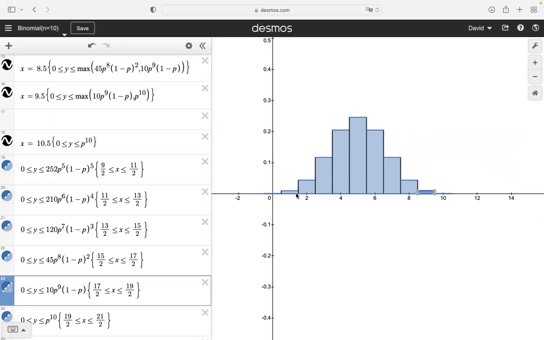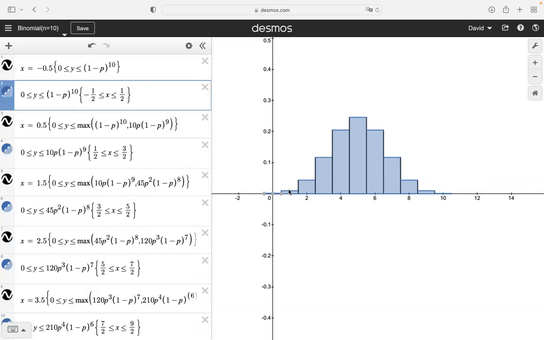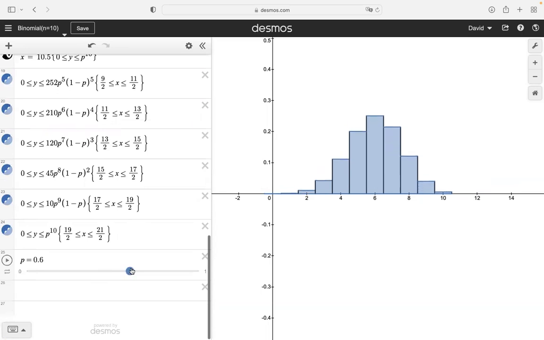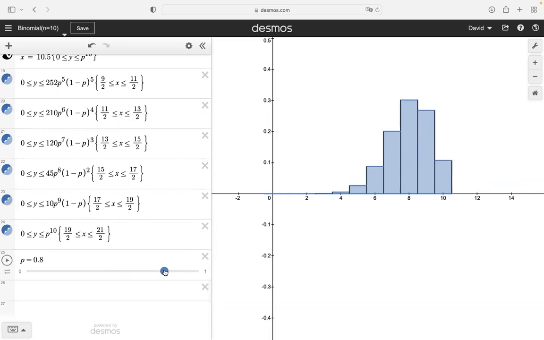And so we can ask, what's the probability that some event happens 0 or 1 or 2 times, and you can add up those areas to give you that probability. As P changes, this distribution is also going to shift, so it's going to look a little differently. If P is 0.8, then when you do something 10 times with an 80% chance of it happening, it's very unlikely that it'll happen 0, 1, 2, or even 3 times.